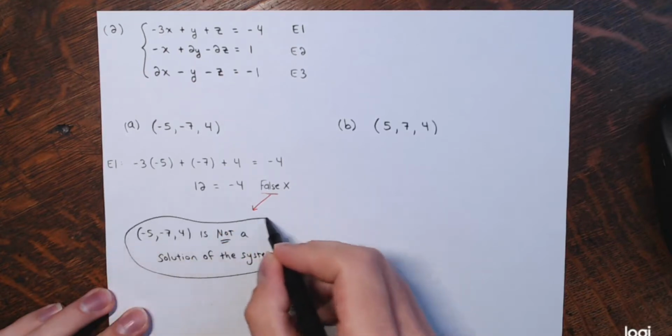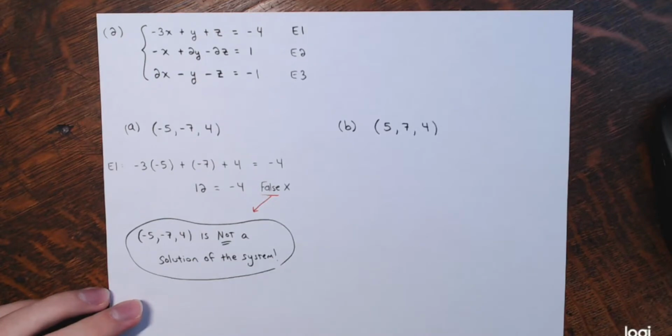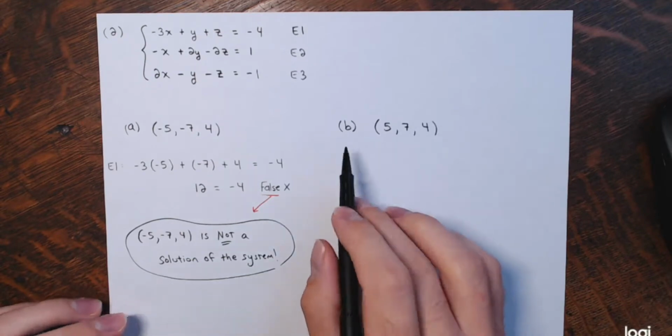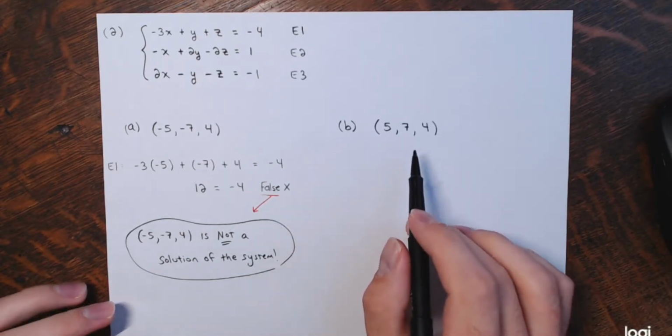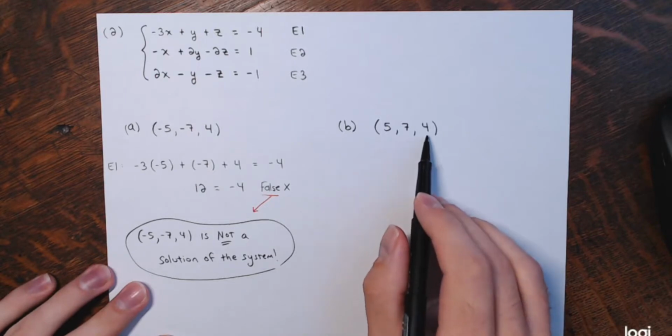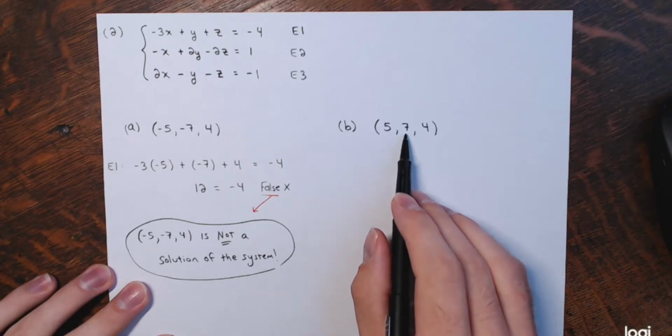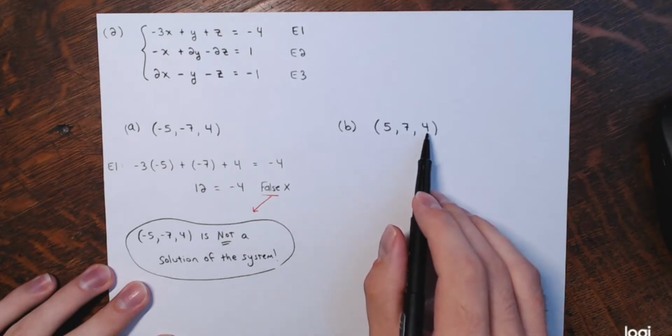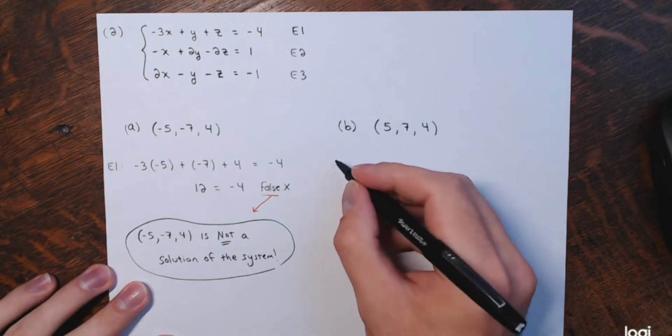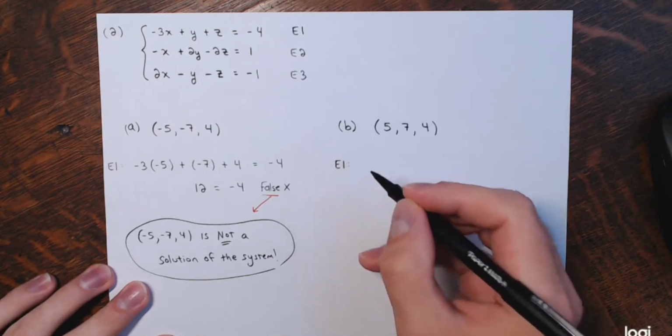Okay. Easy enough. So let's move on to part B. 5, 7, 4. Again, make sure you got it in the correct order. 5 for the x's, 7 for the y's, 4 for the z's. So let's go into equation 1, E1.